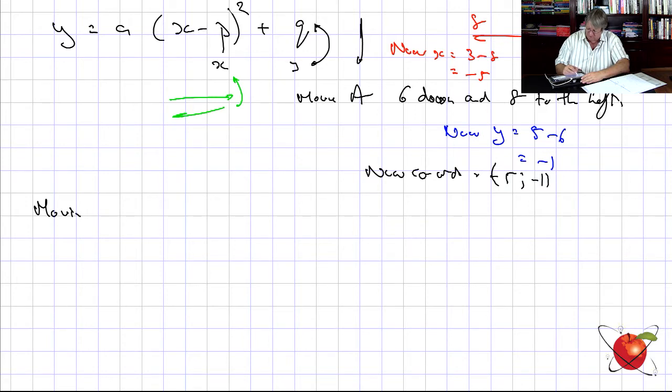And if we move a parabola, we do the same thing. We take it and we move it up or down. So we find the turning point. Moving a parabola: the question you will be asked is, given a parabola, we move it to the right and down, or to the left and up.